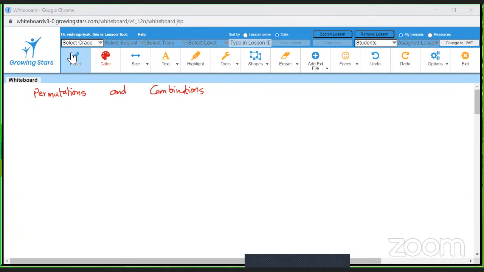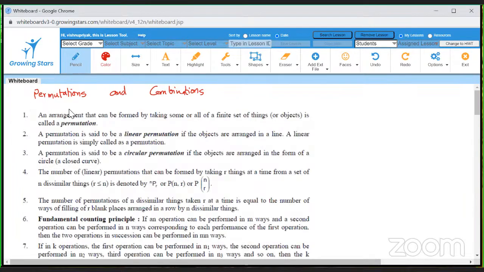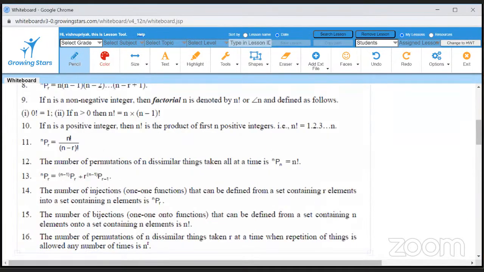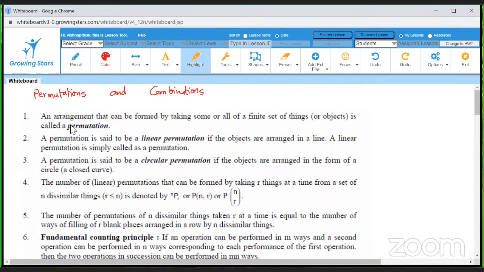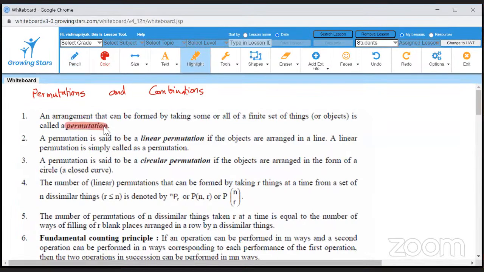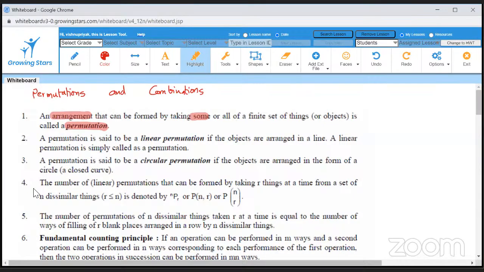I'm putting the list of formulas. Here it is. First of all, what is permutations? Permutations means arrangements. Arrangement of some things or all the things which we have.